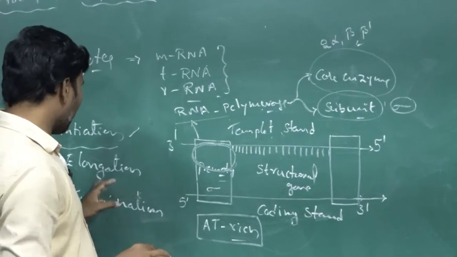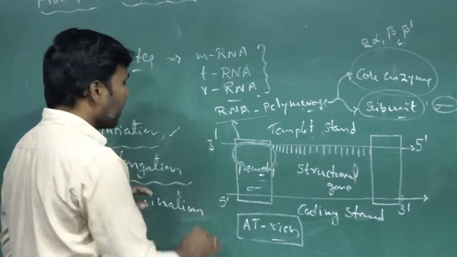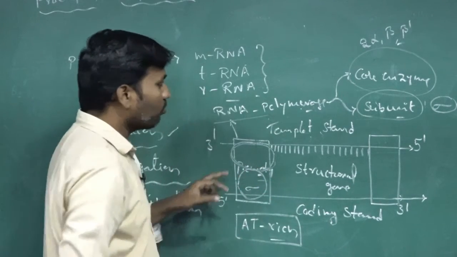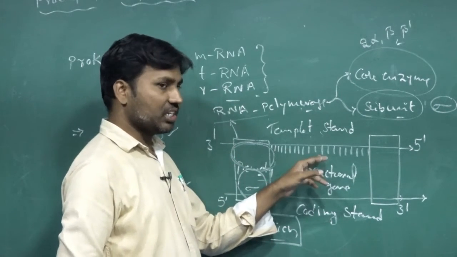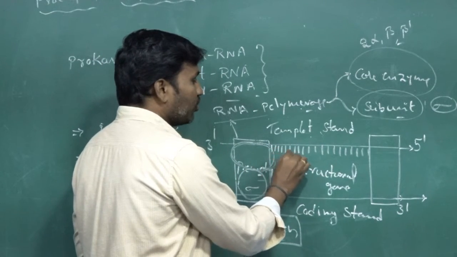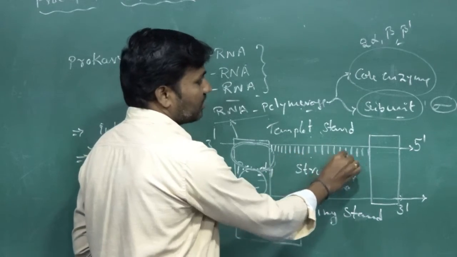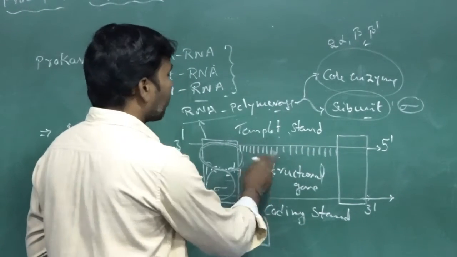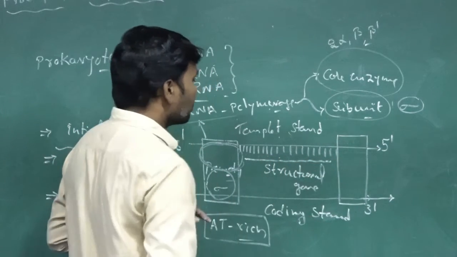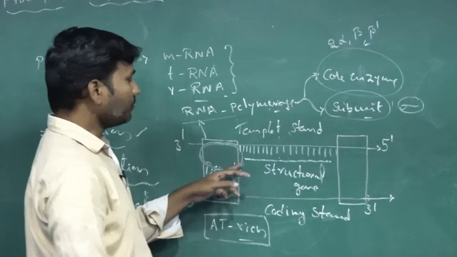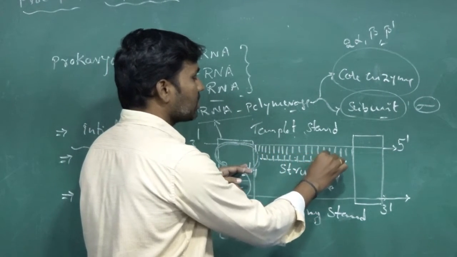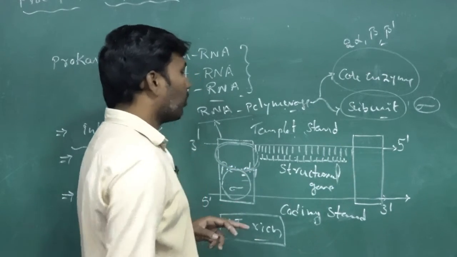Once the initiation is over, the RNA polymerase along with the sigma factor starts moving towards the structural gene. Whatever nitrogen base sequences are present in the DNA, their complementary RNA strand is going to be formed. That means continuous addition of complementary nitrogen bases, the polymerization process by RNA polymerase.